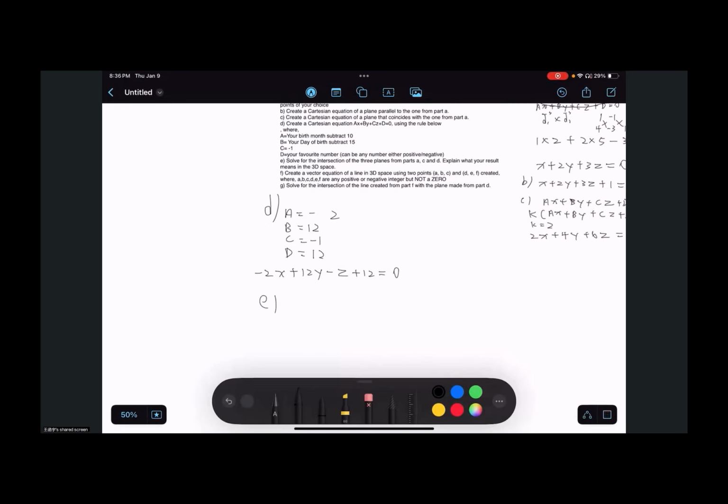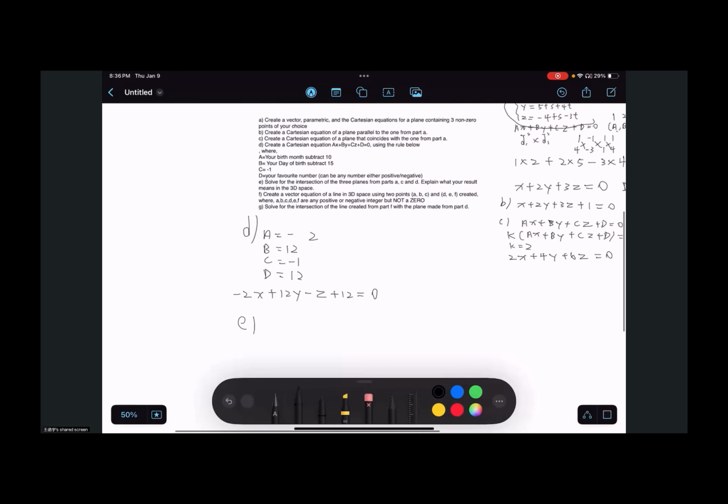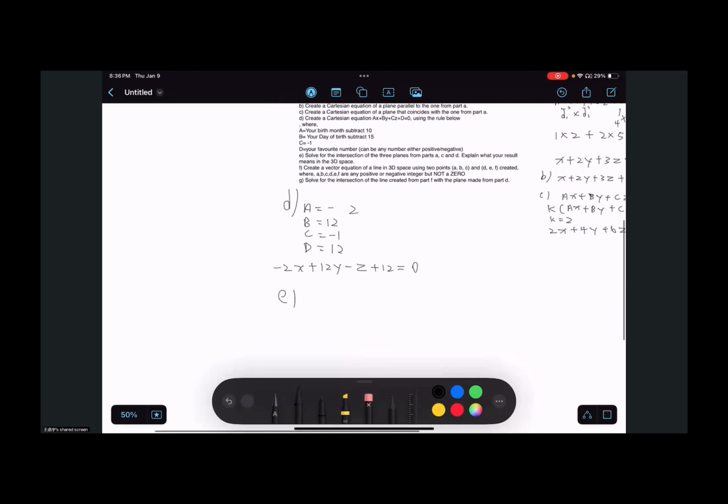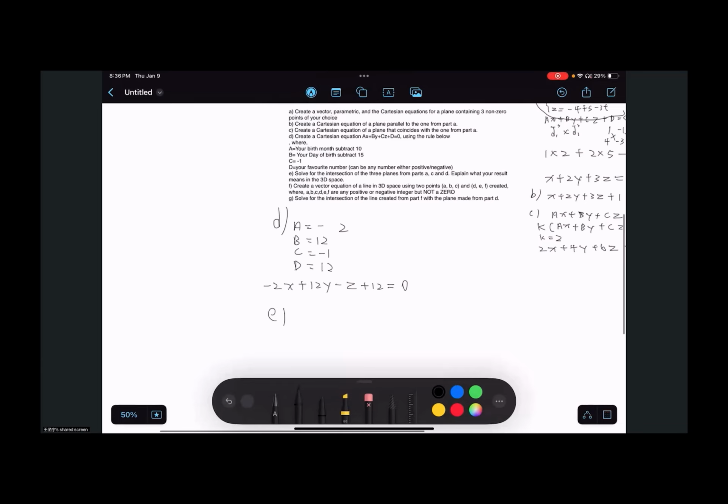So for this question, we need to find the intersection of part A, part C, and part D. However, part C is a plane that coincides with part A. So it means that A and C are the same plane. So actually we just need to solve the intersection for part A and D.